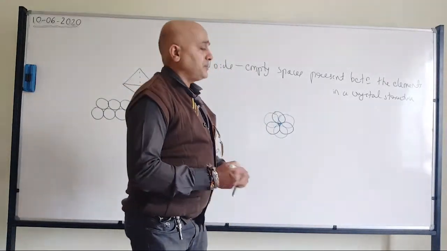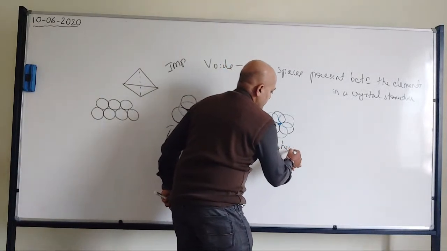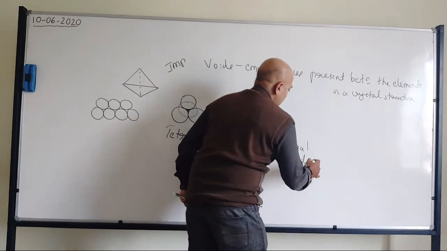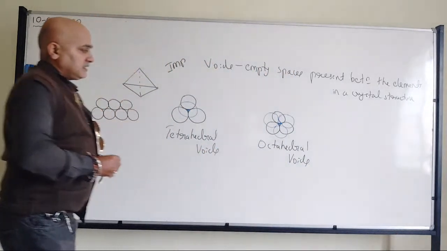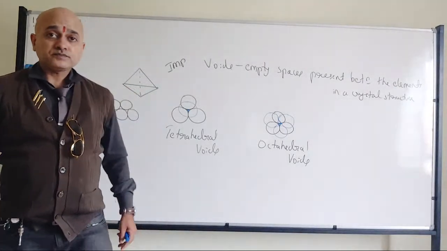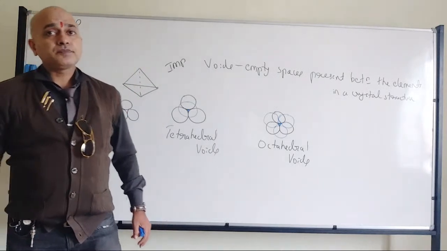So therefore, it can be called octahedral voids. Fine. All of you will agree?